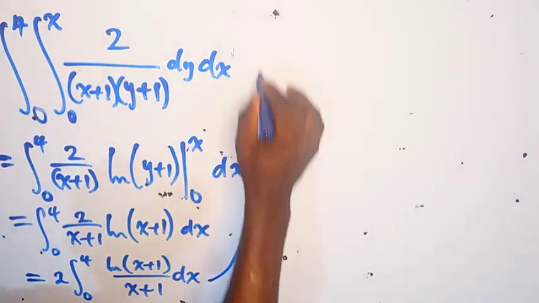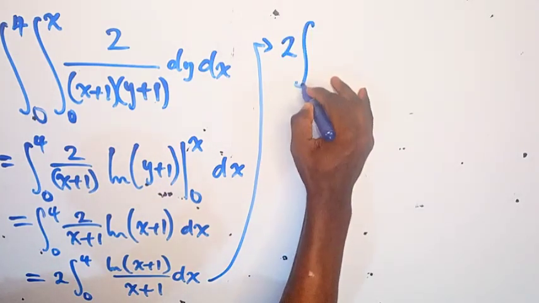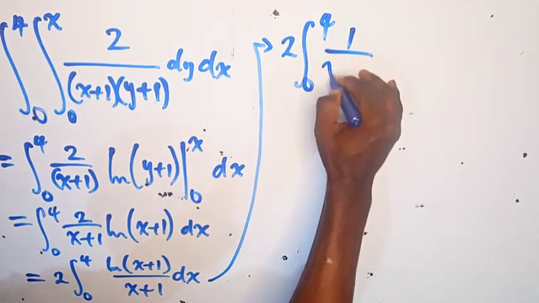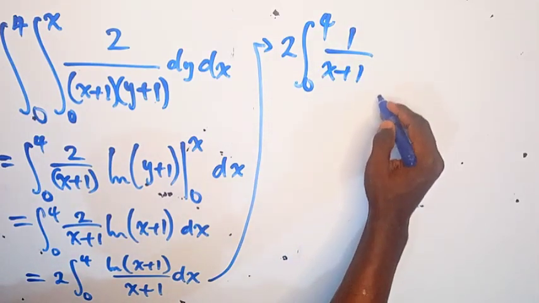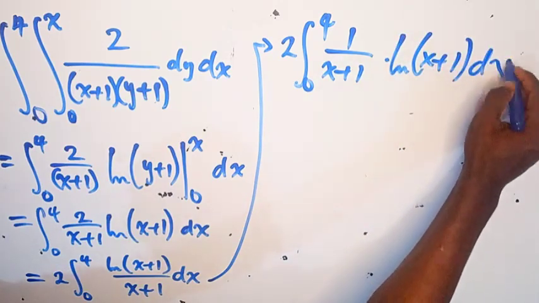So let me rewrite this for that to be visible. This is going to be 2 times the integral from 0 to 4 of 1 over x plus 1, then multiplied by the natural logarithm of x plus 1, and then the dx.